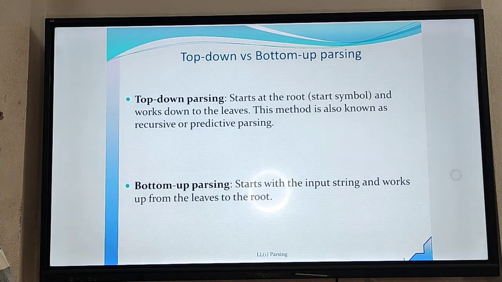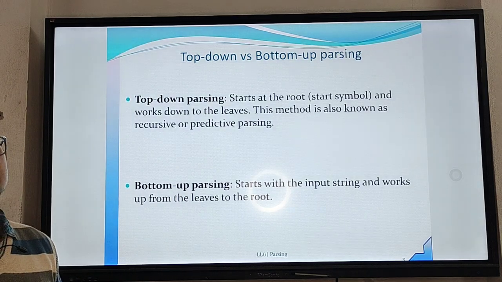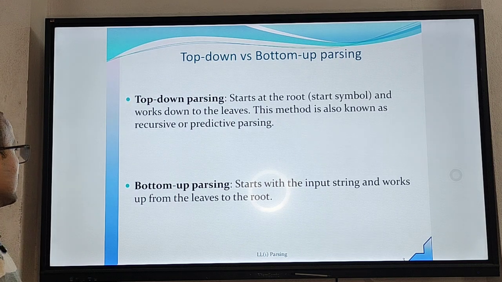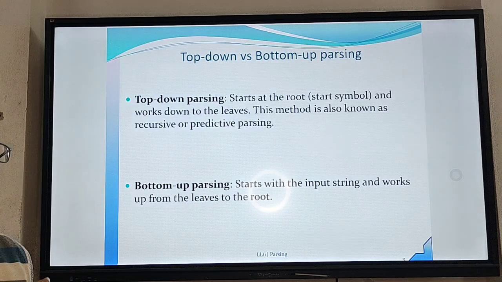So one starts from the start symbol and eventually generates the input string, and the other, bottom up, starts from the input string and goes up to the start symbol.